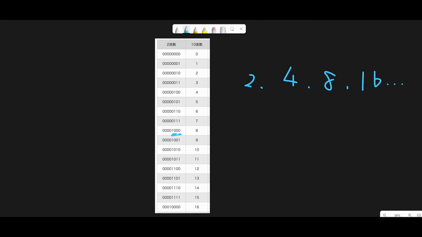And let's look at 16. From 8 to 15, we use 4 digits here. But from 16, we go to the next digit and use 5 digits here.